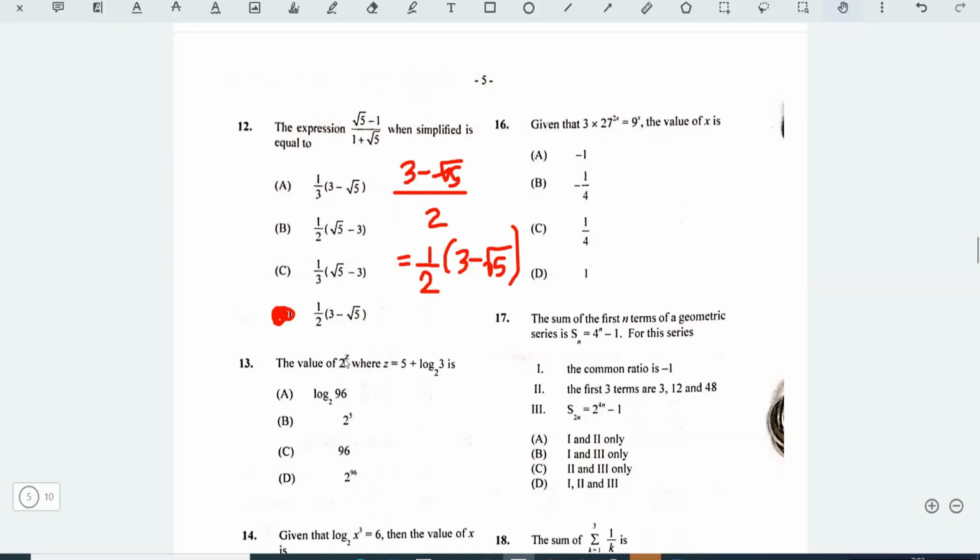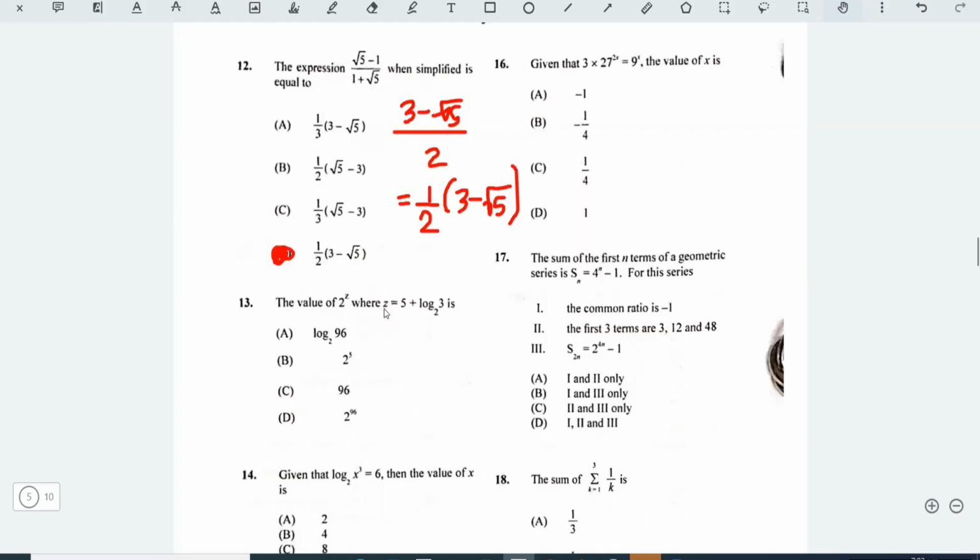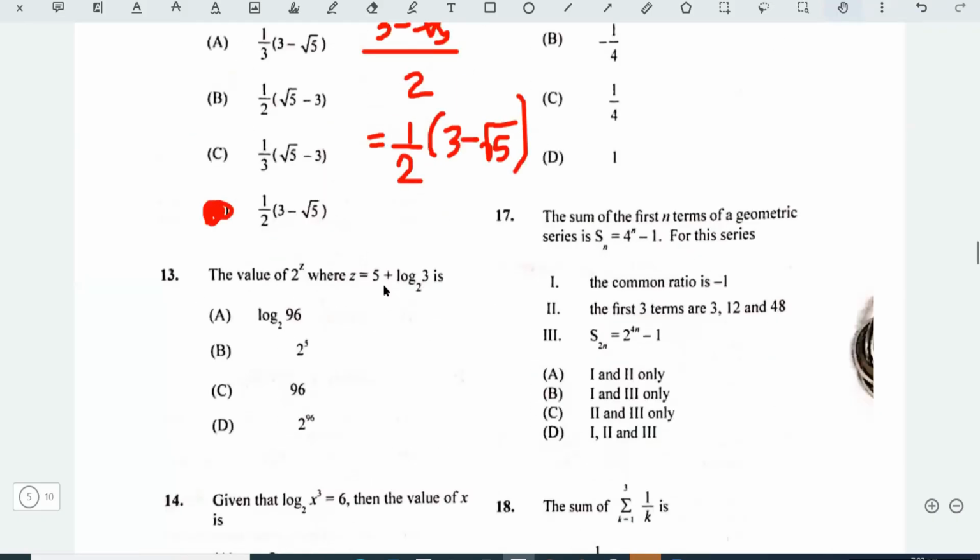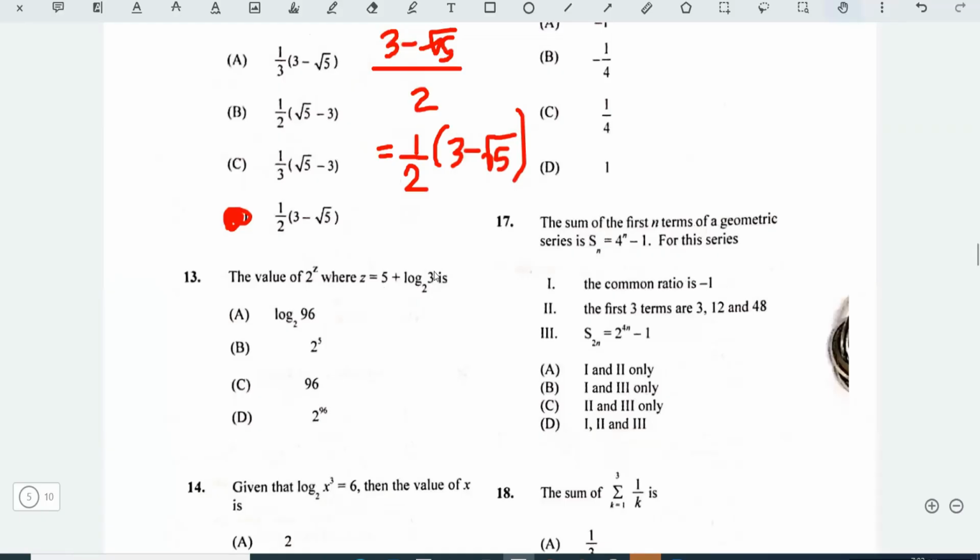It says find the value of 2 to the z, where z is equal to 5 plus 2 log base 3. All right, so let's write that down here on the white screen.